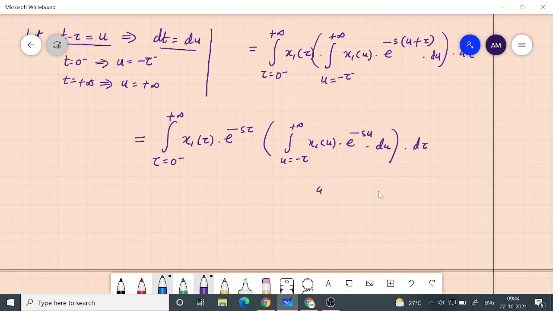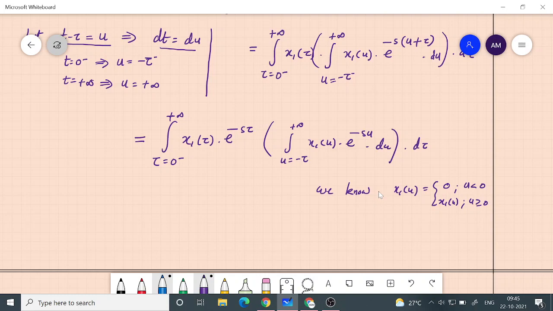So we know that x1 of u is equal to 0 for u less than 0, and it is x1 of u for u greater than or equal to 0. Therefore this limit, though we have put it as minus tau or minus tau minus, it doesn't make any difference in changing that to 0.